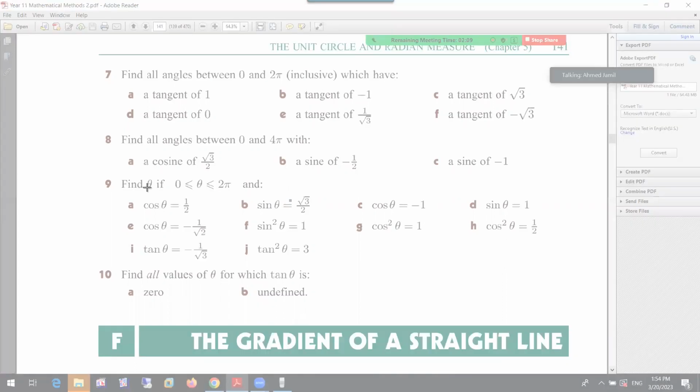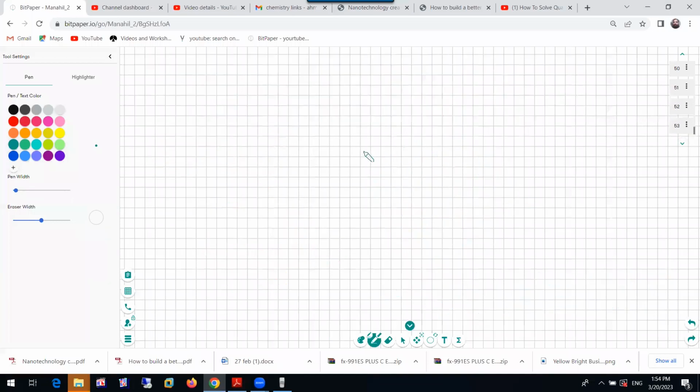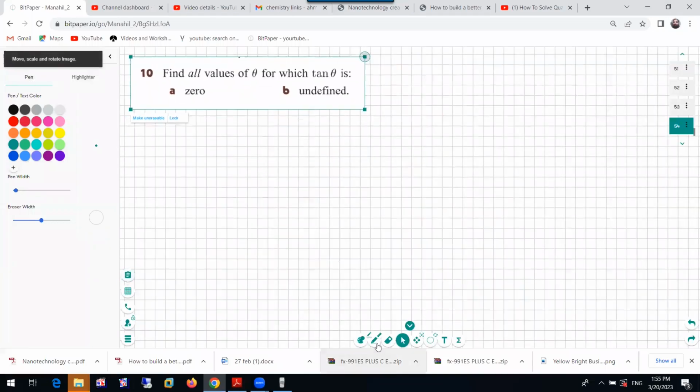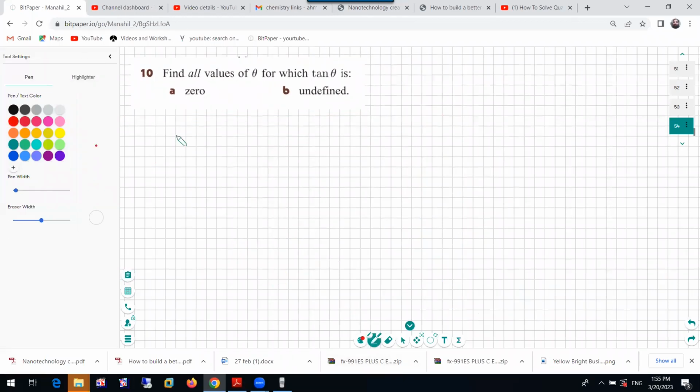Just doing this question as well. So tan theta will be 0 for which theta?